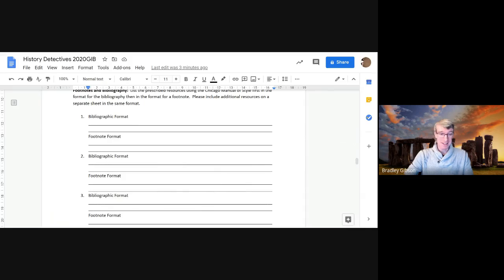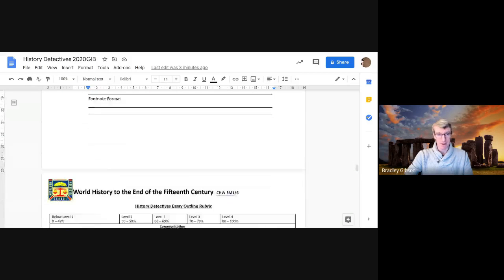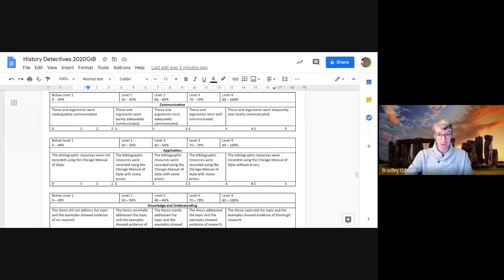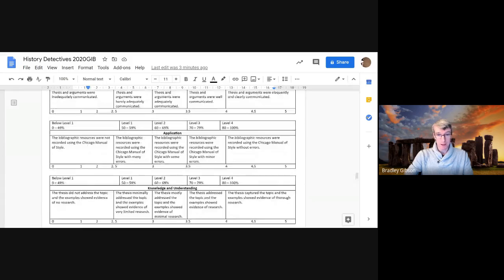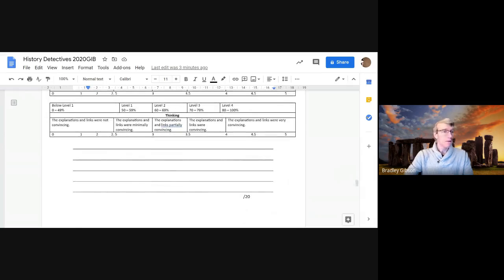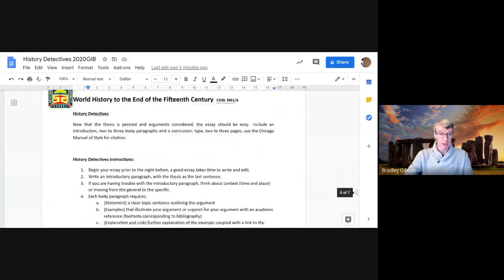They forget to put the bibliographic details down and it loses the marks. Here is your rubric. You can see that the bibliography will get you marks under application. So if you don't do it, you're losing 5 marks off the bat on something that's worth 20 marks. So do it. You can refer to that.